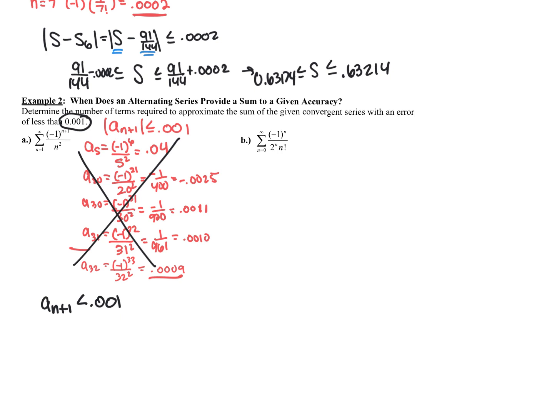And so a sub n plus 1 will be plugging in n plus 1 in here, because remember, a sub n here is just 1 over n squared, okay? So we'll plug in n plus 1 in there, and so we'll have 1 over n plus 1 squared, and we want that to be less than 0.001, which is the same thing as 1 over 1,000.